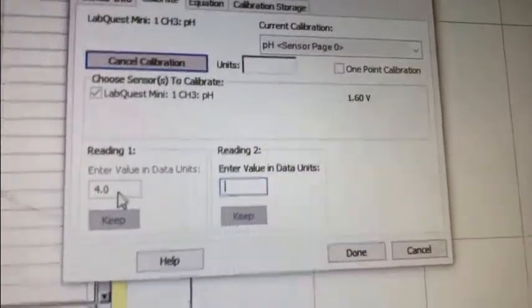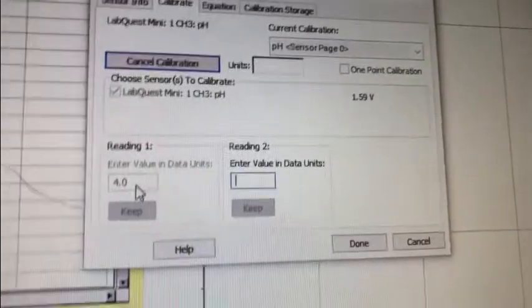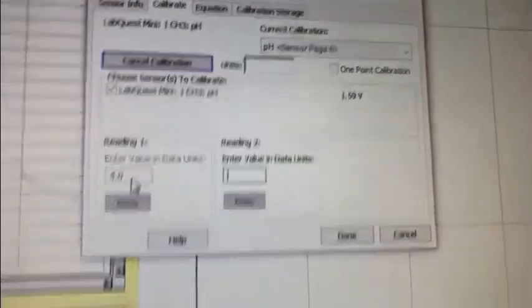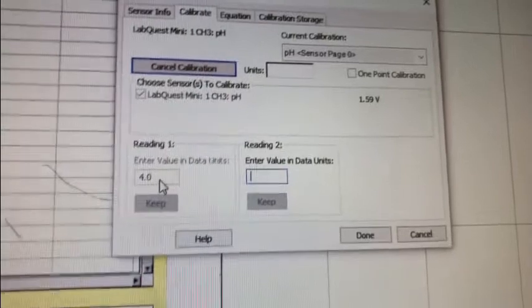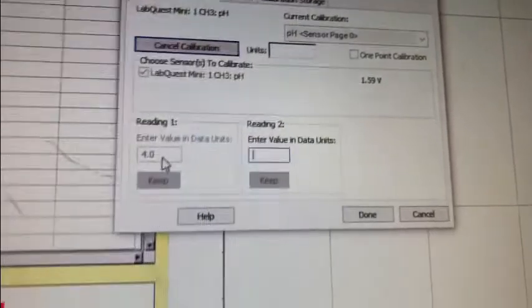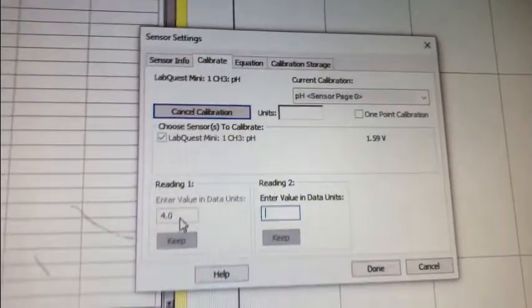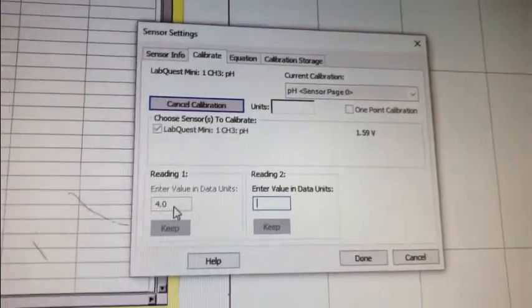Okay, 1.6 now voltage. It happens because for the higher pH the voltage will be lower, for the lower pH the voltage will be higher, because of the number of ions.